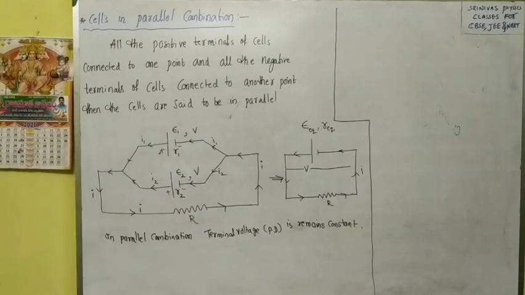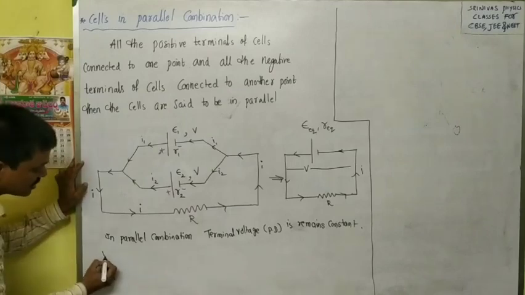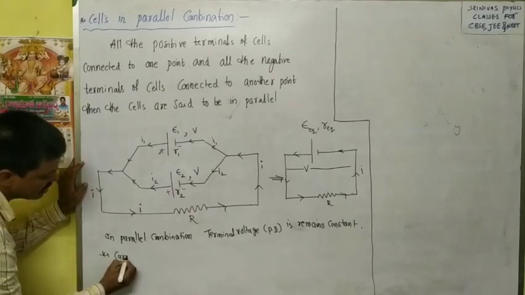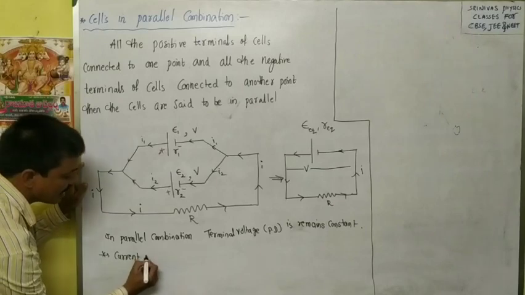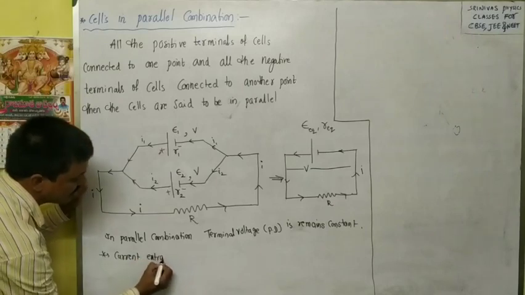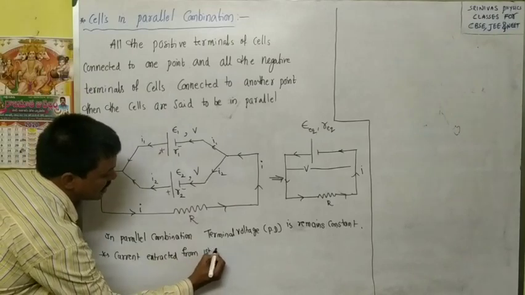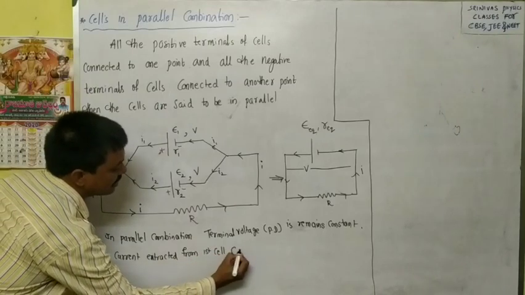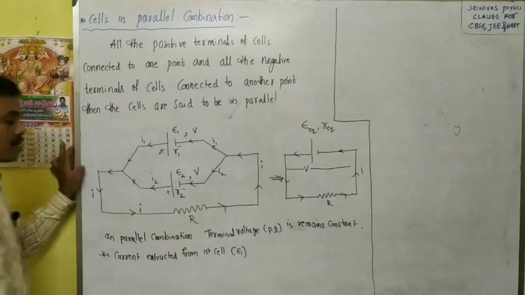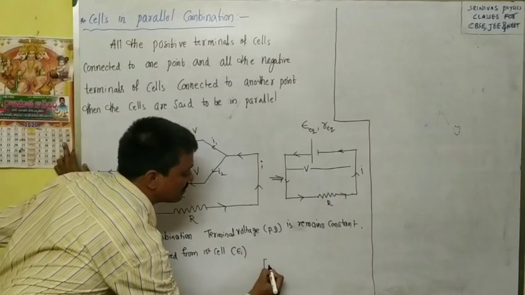Now, how to write the current formula for the current extracted from the cell E1? The current extracted from the first cell whose EMF is E1: to find that current, we use the same terminal voltage formula.